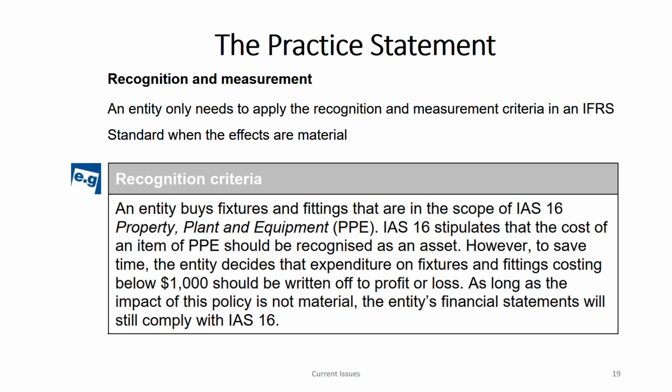So this way also you can do, but if the impact of this policy is not material, if you exclude 1,000 and below and take it as an expense, and this does not have a material impact, yes, sure, you can go ahead. Otherwise, you cannot do it this way. Otherwise, you still have to comply with IAS 16. That means you have to recognize whether 1,000 or 10,000 as an asset only. Okay, for recognition criteria we're talking about. This is just an example.